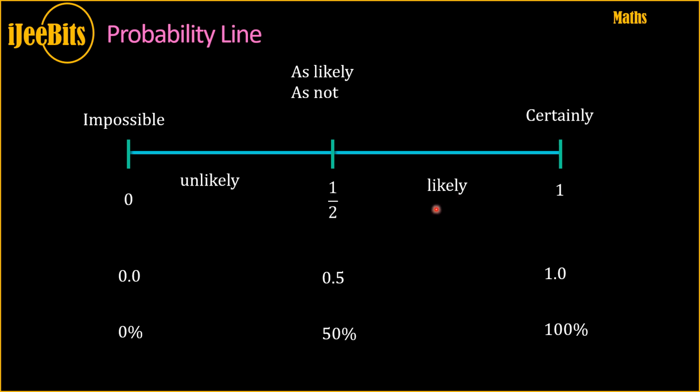So unlikely and likely are the keywords that are a takeaway from the probability concepts. The probability for impossible is 0, the probability for certainty is 1, and anything in the middle is unlikely or likely. On a number line, impossible means 0, half means 0.5 or 50%, and 1 means it is for sure, 100% going to happen. You get it?